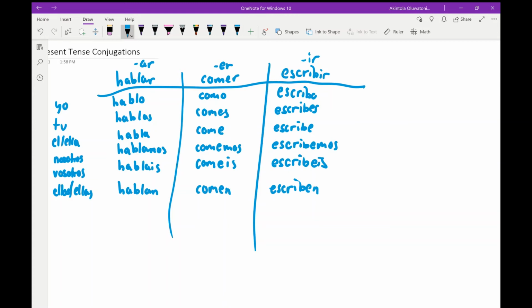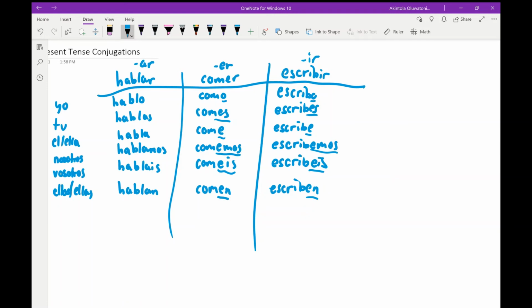So you see here, once again, these match up. This matches with this. This matches here with this ending. This matches with this ending. This to this, this to this, and the yo forms. So we see that the ER and the IR match.